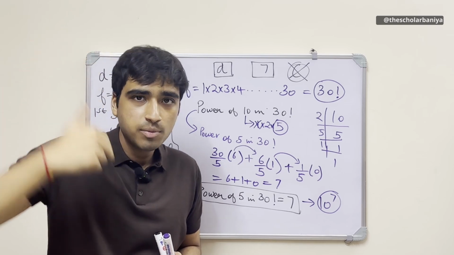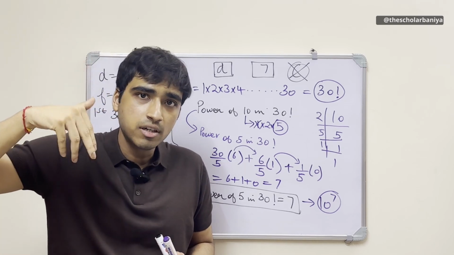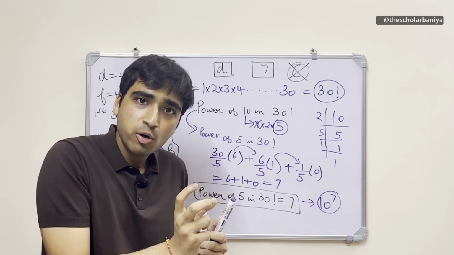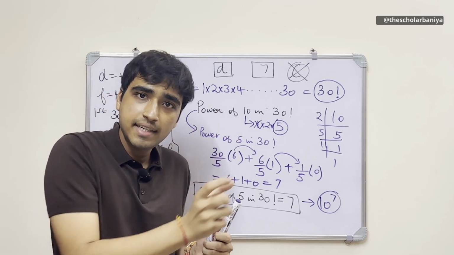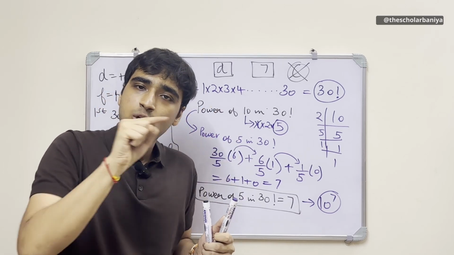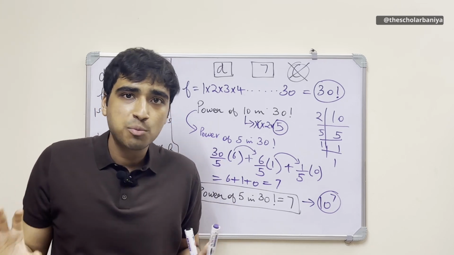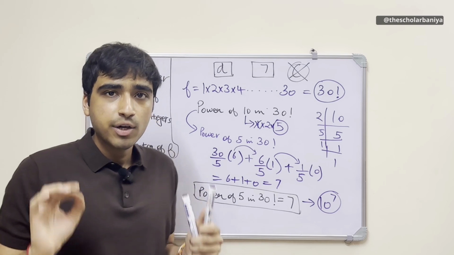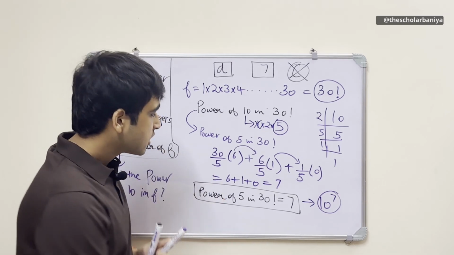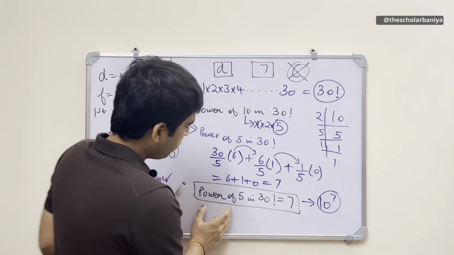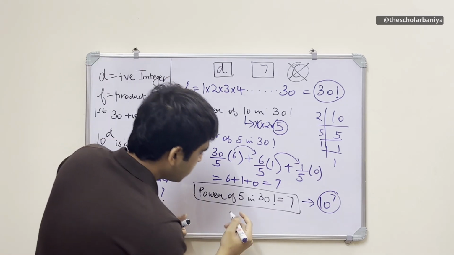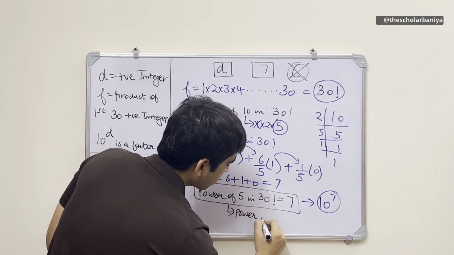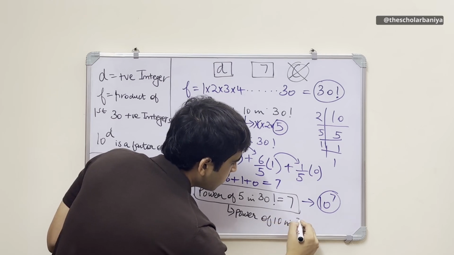10 to the power 2 can also be an answer, because if 10 to the power 7 is a factor, obviously 10 to the power 6 will also be a factor, 10 to the power 5 will also be a factor, 10 to the power 4, 10 to the power 3, 10 to the power 2, 10 to the power 1. So any of these options can be valid. We are not talking about the maximum power. We are talking about what are the possibilities. So we got the power of 5 in 30 factorial, which is the same as the power of 10 in 30 factorial.